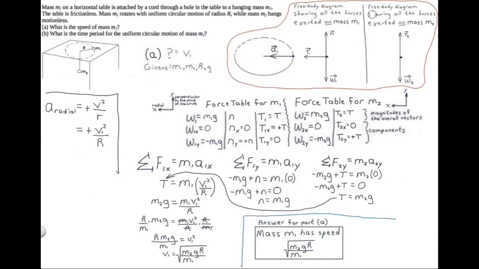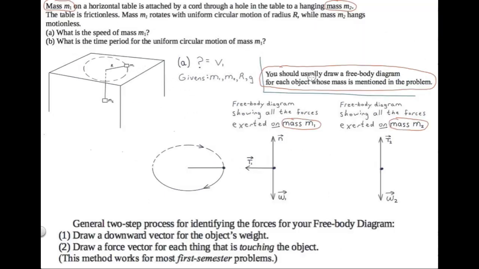Now we work on the free body diagrams. Usually, we need to draw a free body diagram for each object whose mass is mentioned in the problem. This problem mentions two masses, mass m1 and mass m2. So we plan to apply Newton's second law to mass m1, and we also plan to apply Newton's second law to mass m2.